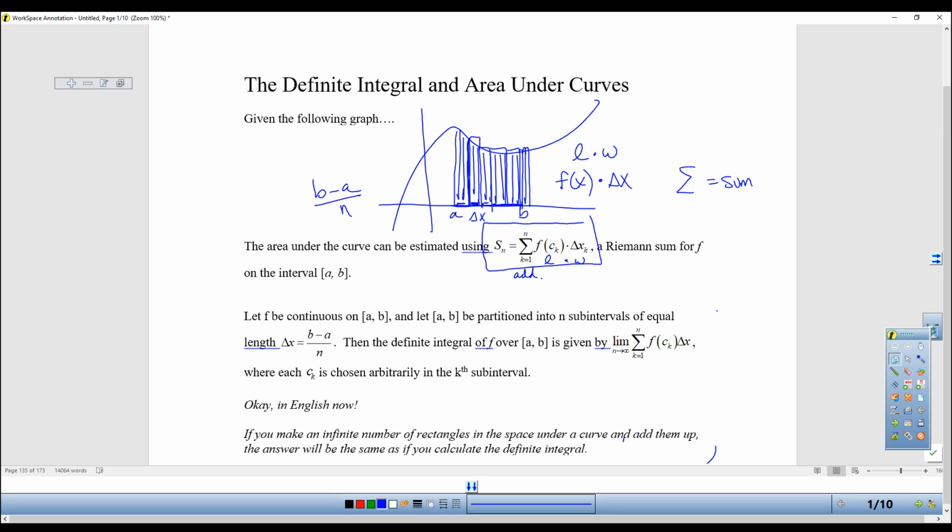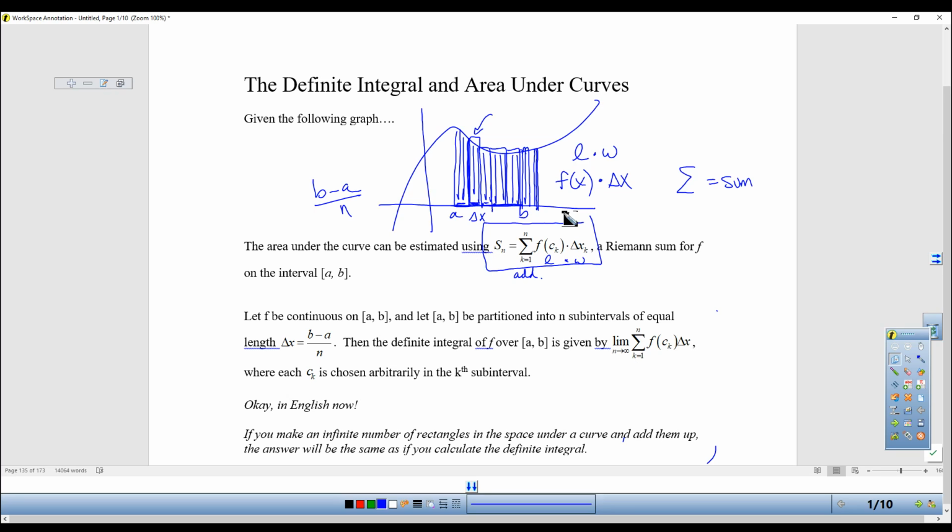If you're trying to find area, if you make a big rectangle, look at all that overestimation you're going to get. But if you make rectangles that are literally so small that you can't even see them go over and under, they literally are just f of x, then you're going to get the perfect area. How would you do that? If you made n go to infinity, if you just had a million of them.